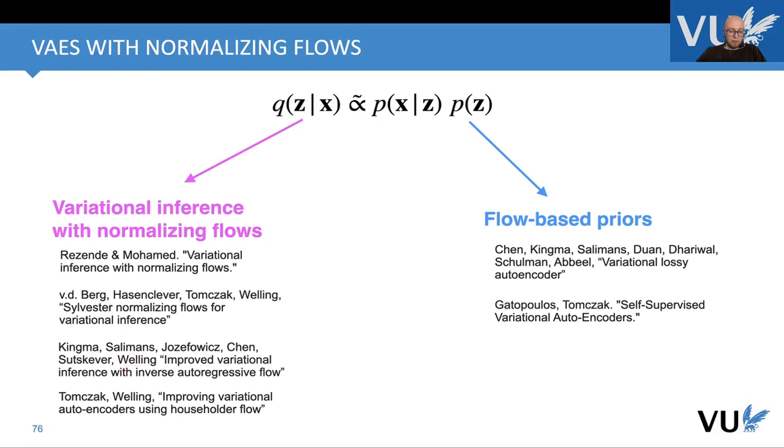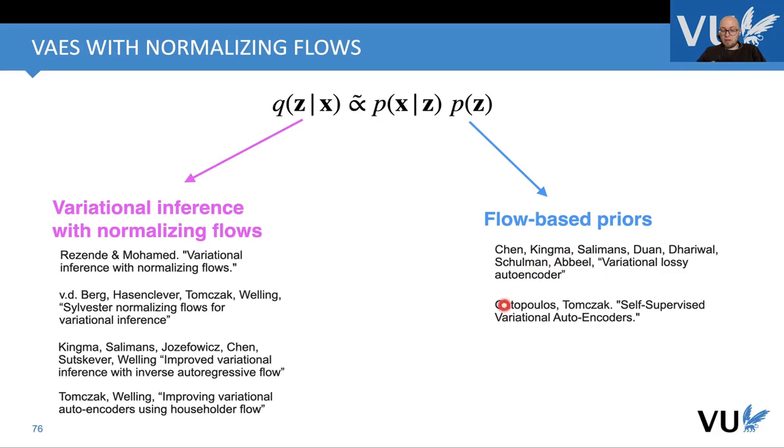Google people and OpenAI people proposed inverse autoregressive flows. So all these ideas are for making encoders in VAEs more powerful. And we can also use flows for modeling the prior in the latent space, right? In VAEs, and this was the idea in the variational lossy autoencoder, again from, I think, OpenAI people.